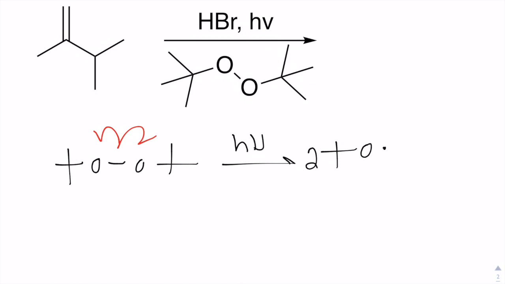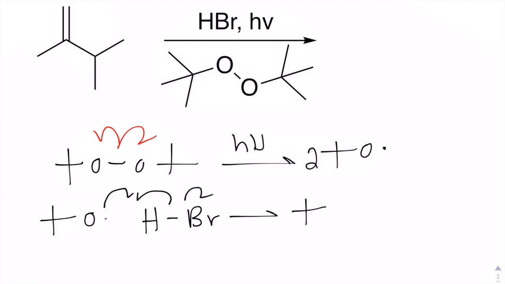That peroxide radical is going to react with HBr. So we can just say we have something like this, HBr, to generate tert-butanol, so the alcohol version, and we generated that bromine radical.